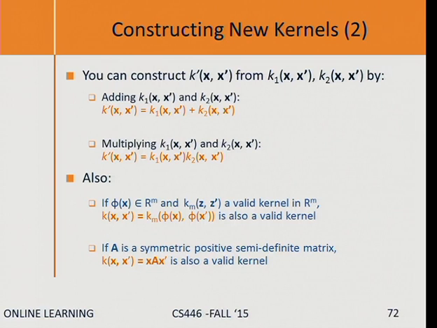If phi of x is a vector in R^m, and k is a kernel over points in R^m, then k of phi is also a kernel. And if A is a symmetric positive semi-definite matrix, and k is a kernel, this is a valid kernel also. So there are a few other things that you can say, but basically it's easy to construct new kernels once you have one.